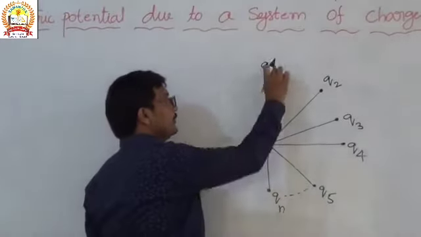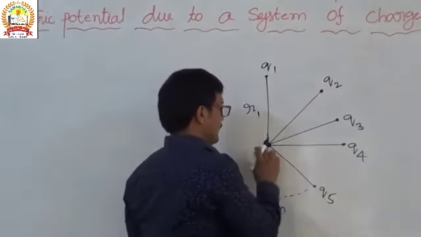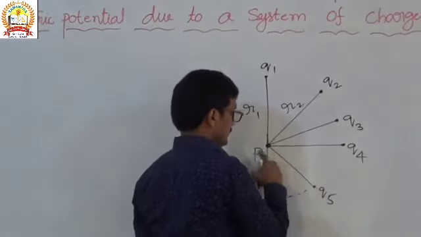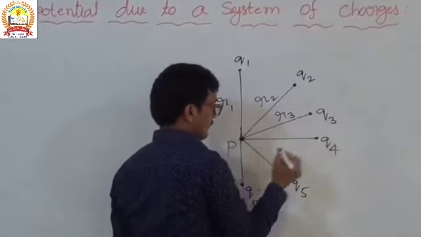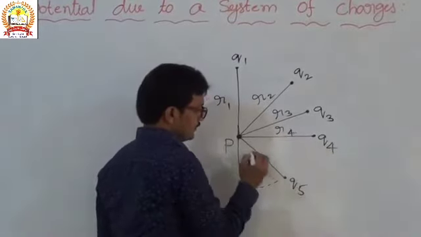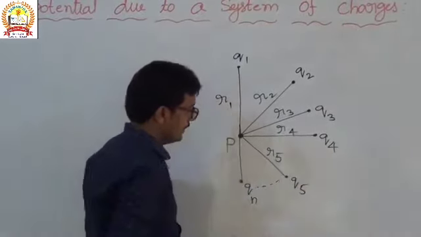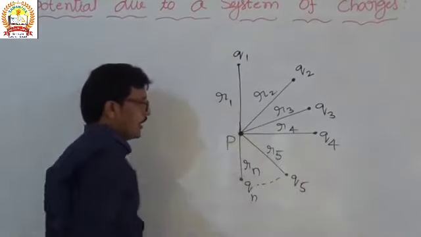From point P to Q1 the distance is R1, from P to Q2 the distance is R2, P to Q3 is R3, P to Q4 is R4, P to Q5 is R5, and from P to Qn the distance is Rn.